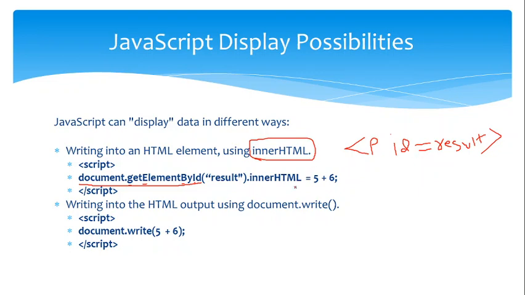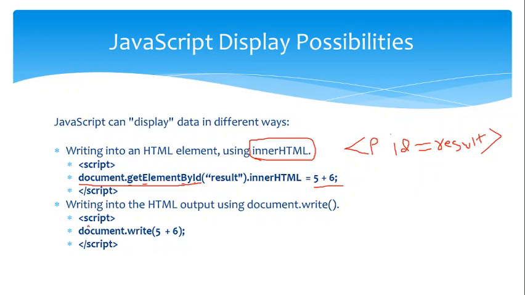Dot innerHTML equals 5 plus 6, the total will be 11. So for displaying the result, this is one way we can display it on the screen. Document.getElementById, with the id you use in any tag, and we get the data with innerHTML; whatever the result is will display in the paragraph tag.